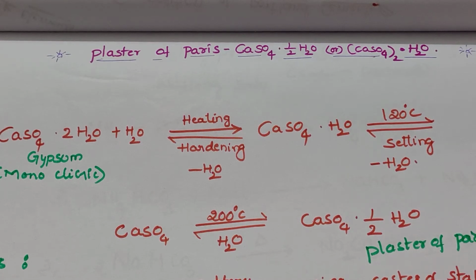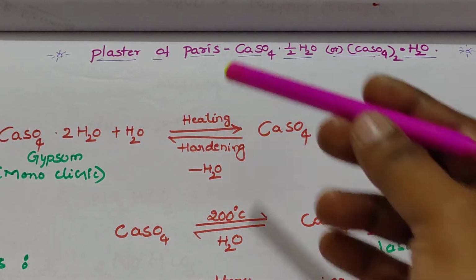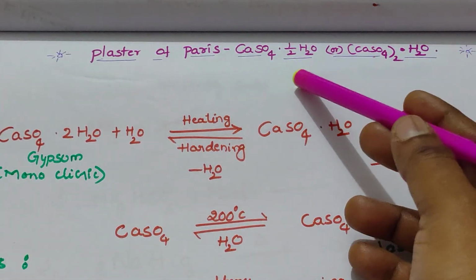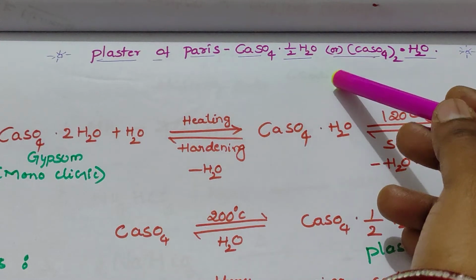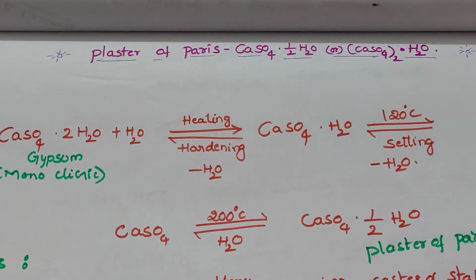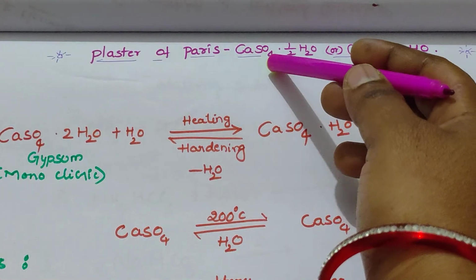The formula of plaster of Paris is CaSO4·½H2O, or (CaSO4)2·H2O. This is the plaster of Paris.